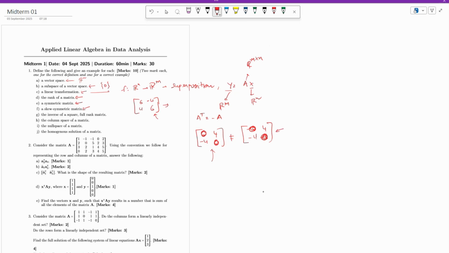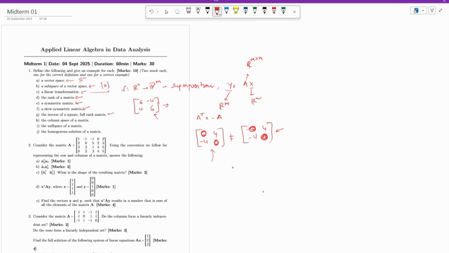Okay. Again, inverse, nobody got. What is the inverse of a matrix? Inverse of a full rank square matrix. Yeah, good. Yes.